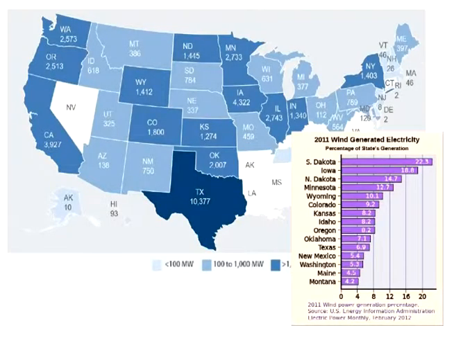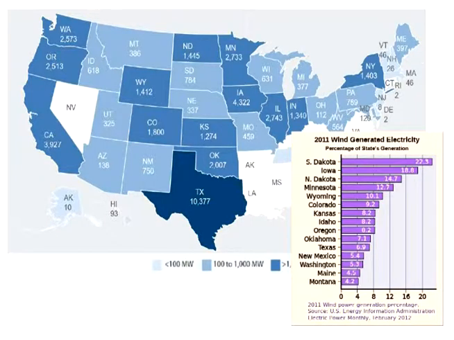Let's go to the next slide. This shows us how wind is doing in the United States. South Dakota is now drawing, when I say now, I'm talking 2011 data. So as of 2 years ago, South Dakota was drawing 22% of the state's electricity from wind power. I think that's remarkable, because we talk about how much penetration renewables could really have in the grid, and we know that solar is not a very big portion of the electricity that we're using right now.